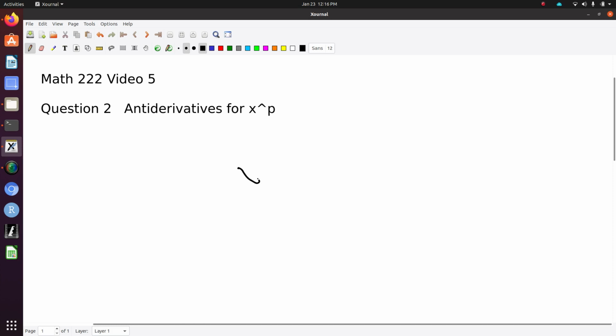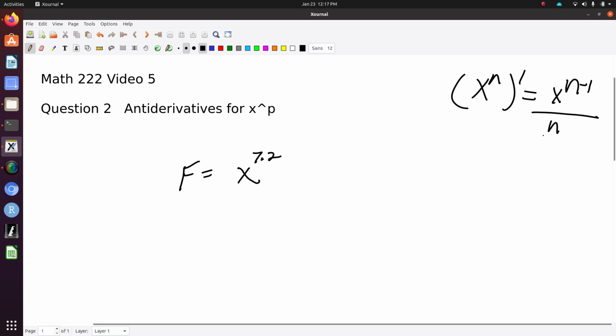If you have anything of this format, x to the p, and I'm just going to make some random number, okay, arbitrary number, I can take the antiderivative of this pretty easily because I already know that if I have this function and I need the derivative, it's going to be n x to the n minus 1. Okay, so I know that that's how I go forwards. So going backwards shouldn't be hard. I just have to sort of think through what I'm doing.